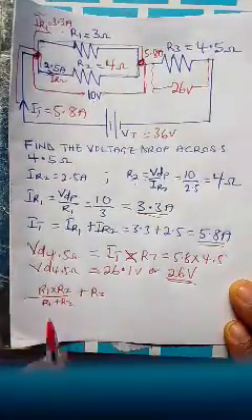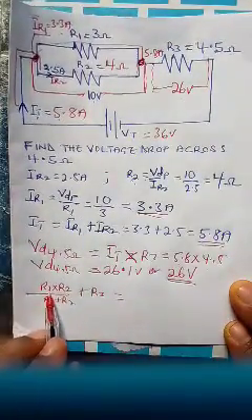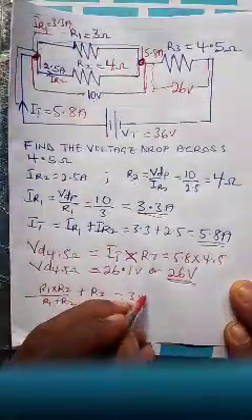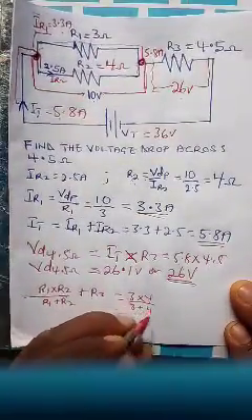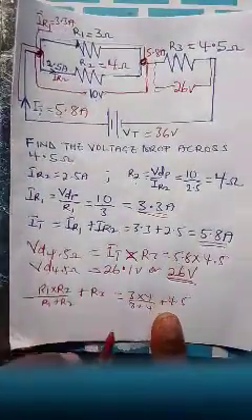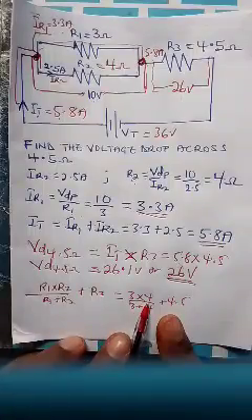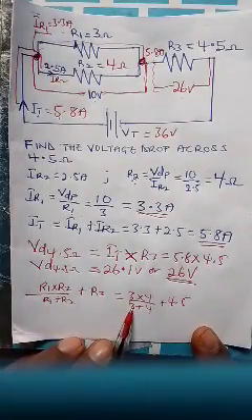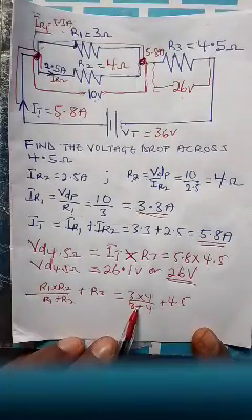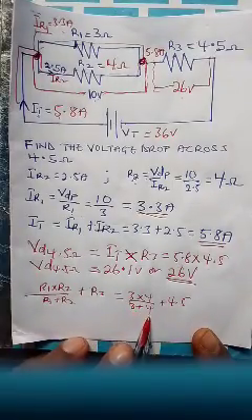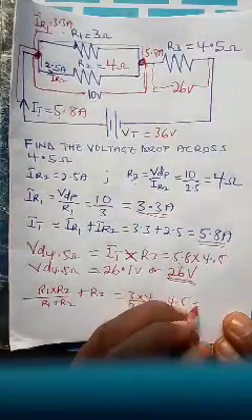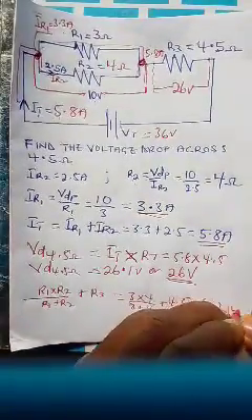That is 3 times 4 over 3 plus 4, plus 4.5. 3 times 4 is 12, divided by 7, which gives us 1.7. 1.7 plus 4.5 gives us 6.2 ohms.